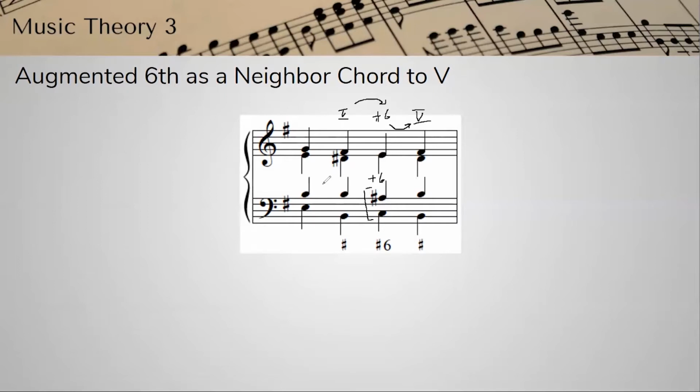So it's like we're extending the amount of time we would normally be in the 5 chord area. Then of course this is a 1 chord. So this is an example of how you can go to a 5 chord, then go to an augmented 6th, and then return to a 5.